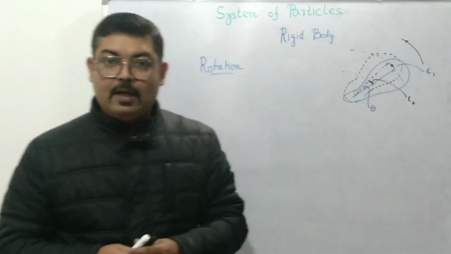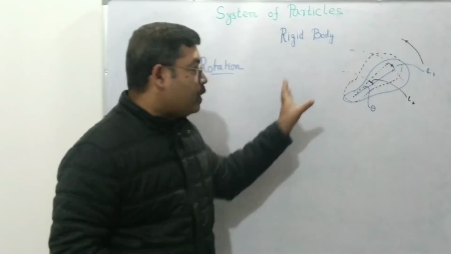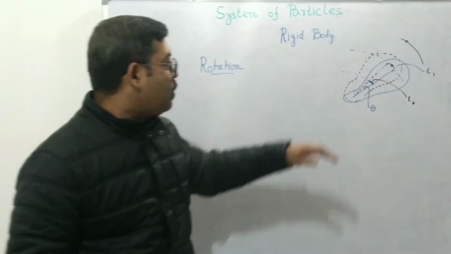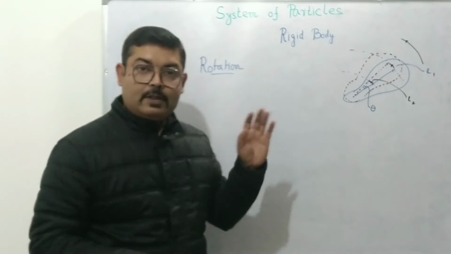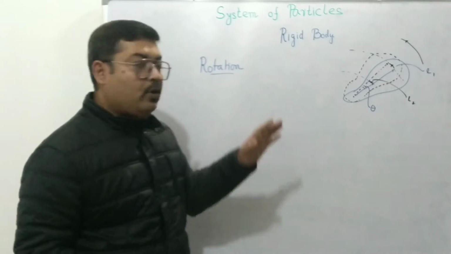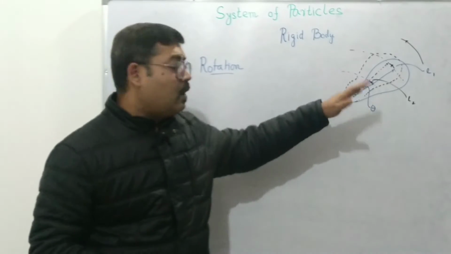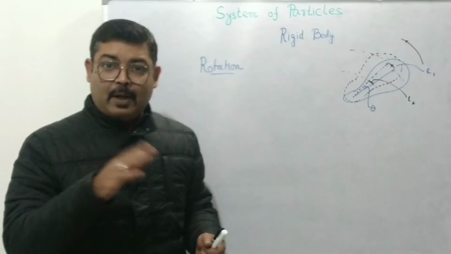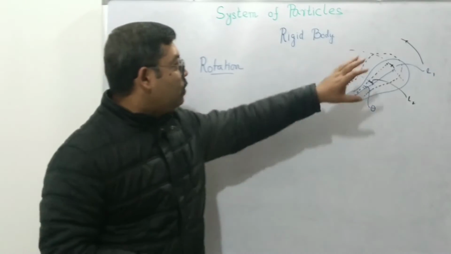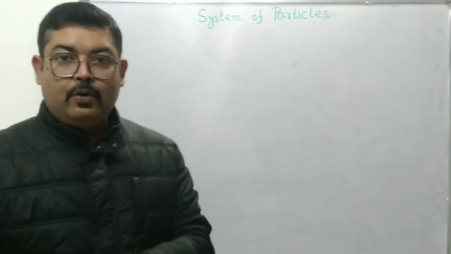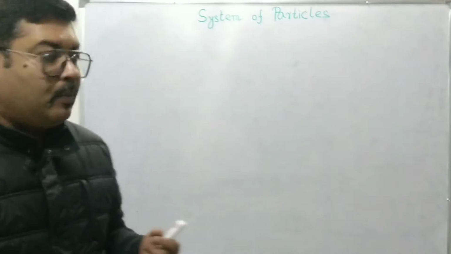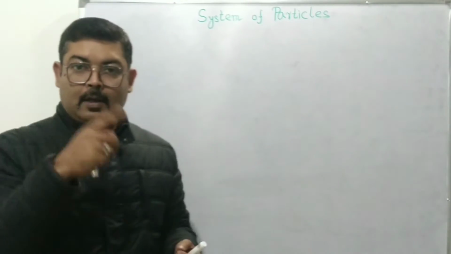So it becomes easier for us to understand the rotational motion of a rigid body if we talk in terms of the angular displacements. So what we will do, we will first recapitulate what we already know about the angular motion of a particle and how to adapt it to a rigid body, and then move on from there. Now we already know certain things about rotational motion of a particle, right?